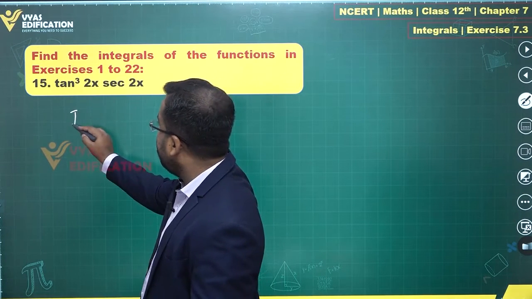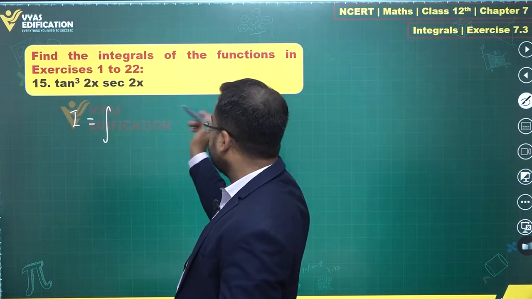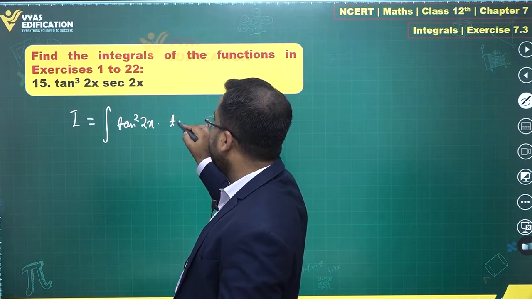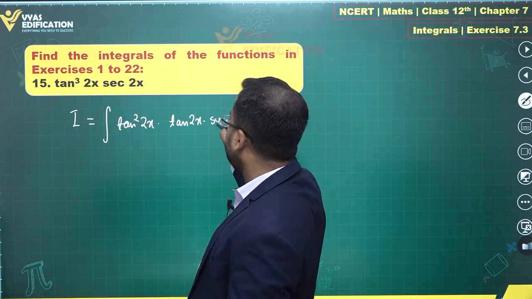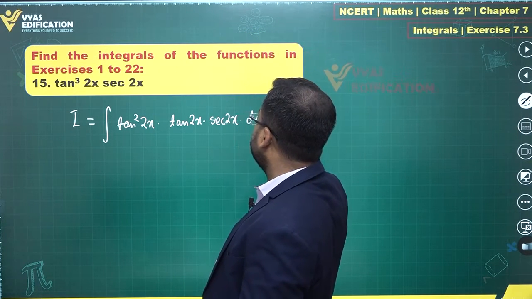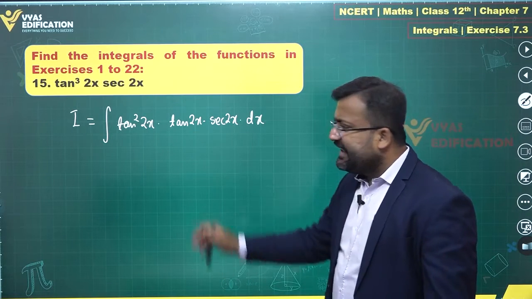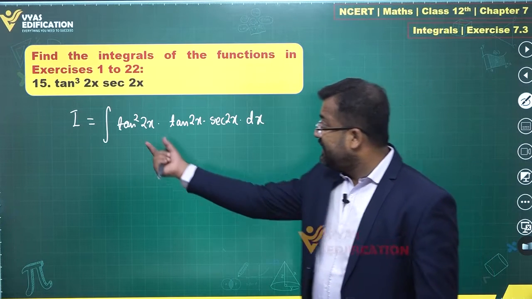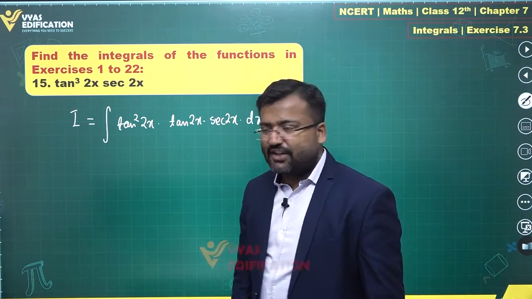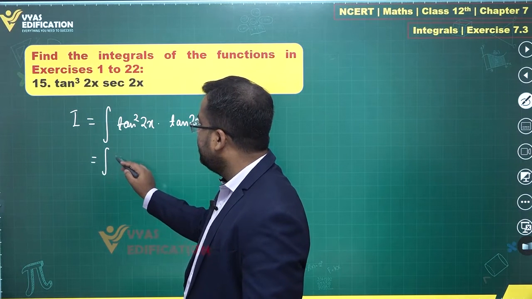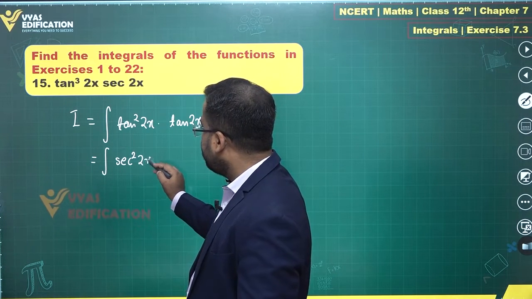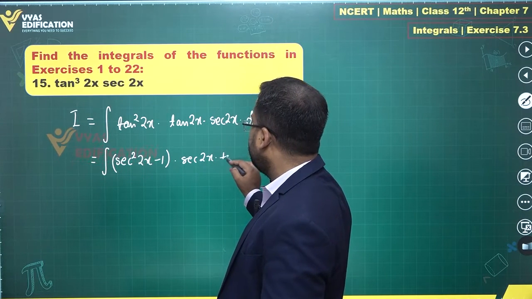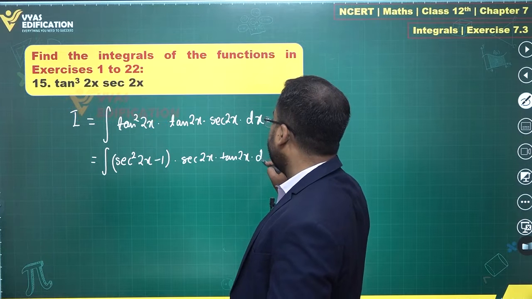So I'll write I as, let's keep tan square 2x together, tan 2x and sec 2x together with respect to x. Now sec theta tan theta is the derivative of sec theta. Do we have sec theta over here? Hidden actually, but we have a sec theta. This is actually (sec square 2x minus 1) times sec 2x times tan 2x dx.